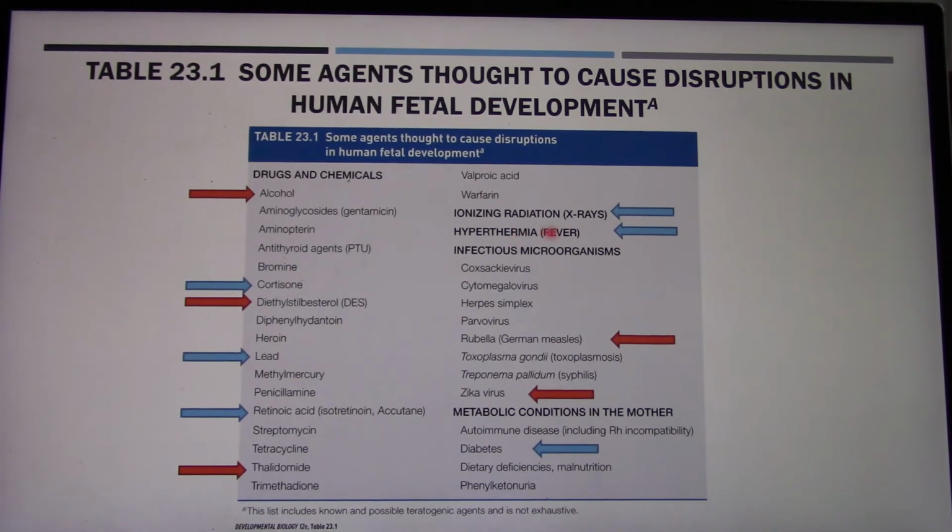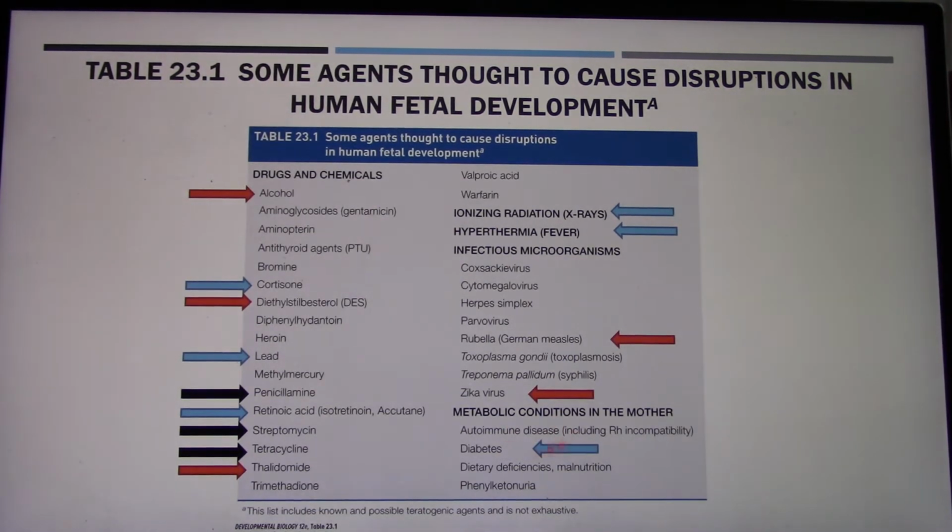Because fever by itself can impair human fetal development. It can disrupt it. And then I have these in black, which I just wanted to point out, we take antibiotics almost like they're candy to treat infections. But look, penicillin, tetracycline, and streptomycin, all three of those are antibiotics, and they disrupt human fetal development. So keep that in mind.